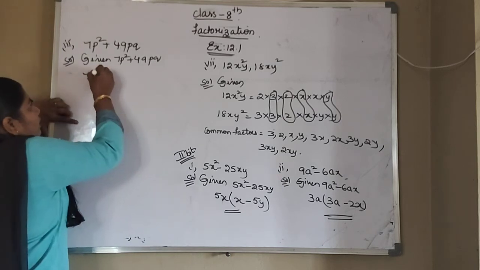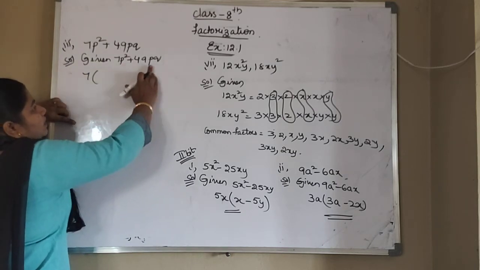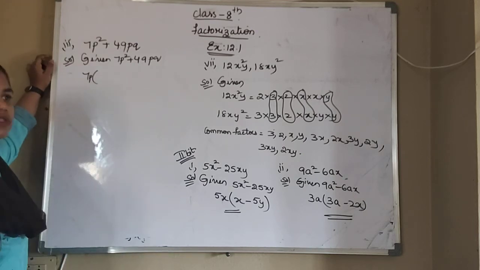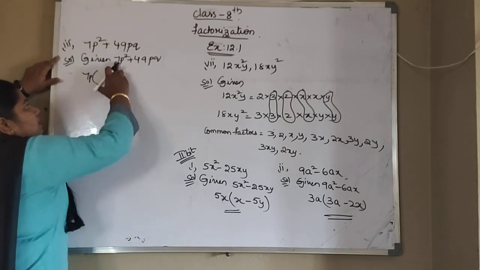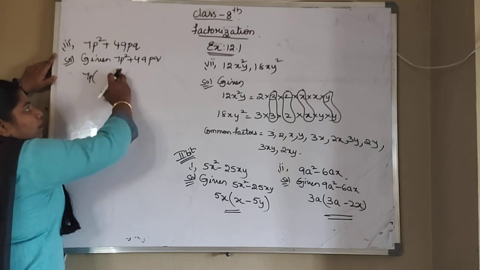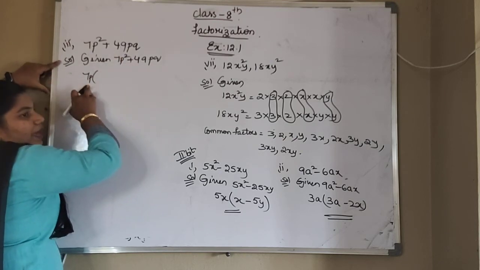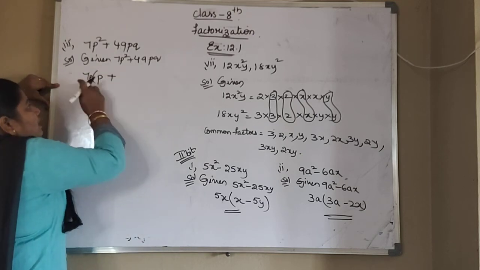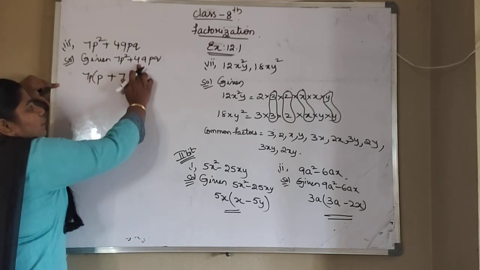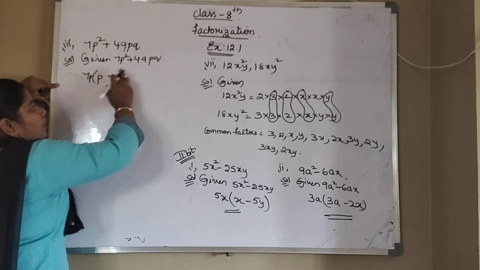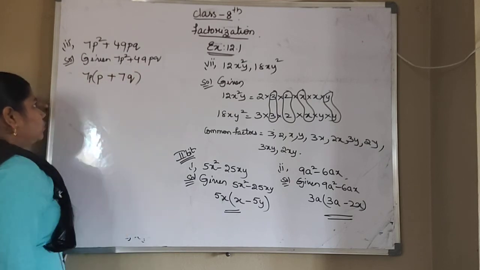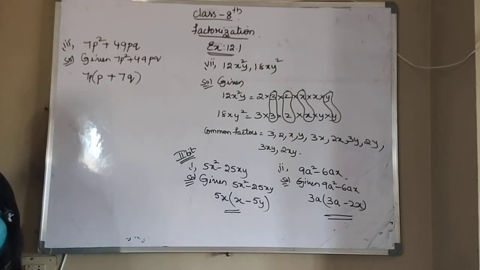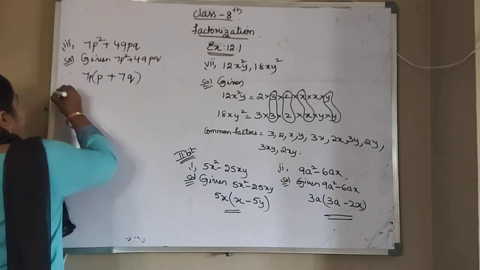So I am taking 7 common, and here p is there, here also p is there, so I am taking one more p here. 7p is common. So what is remaining? 7 already I have taken as common. In p square only one p I have taken, so one more p will be there here. Plus 7 7s are 49. p I have taken common. So what is the remaining? That is q. So the factors here are 7p into p plus 7q.